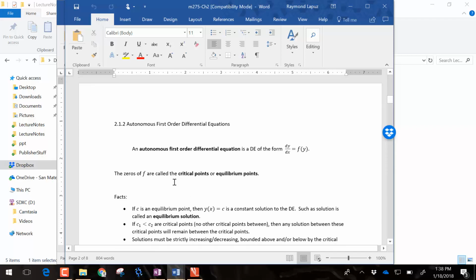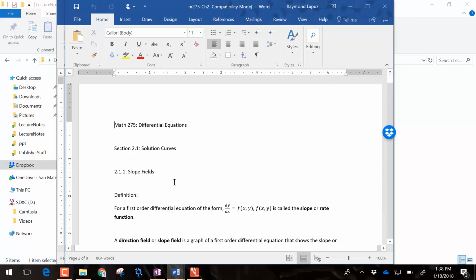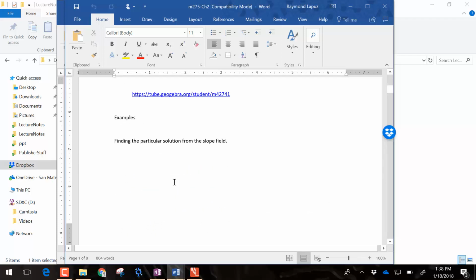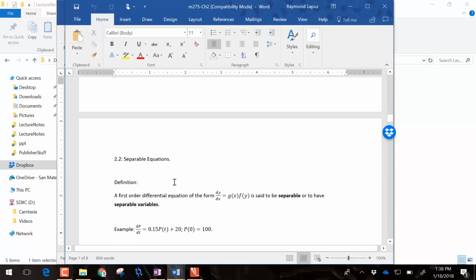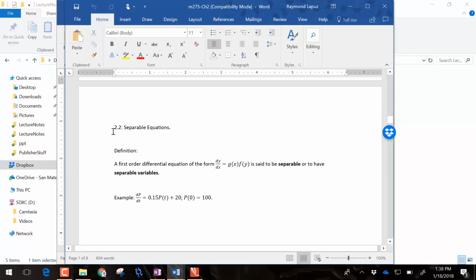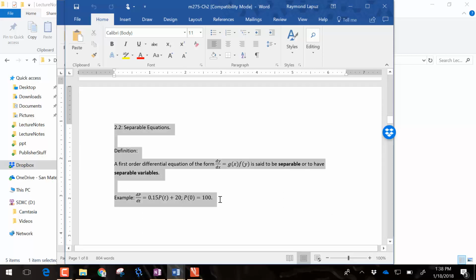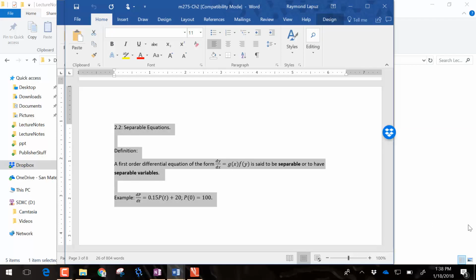Maybe I'll do separable. No, we have time. So maybe I'll do section 2.2 first, and then I will come back to 2.1, just so we can say we actually solved some differential equations today.